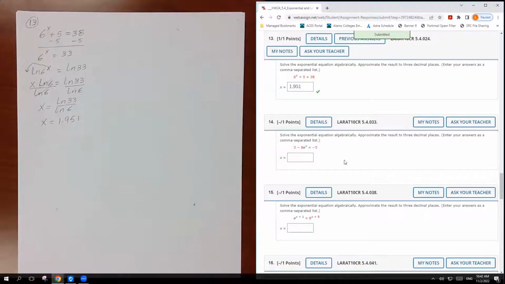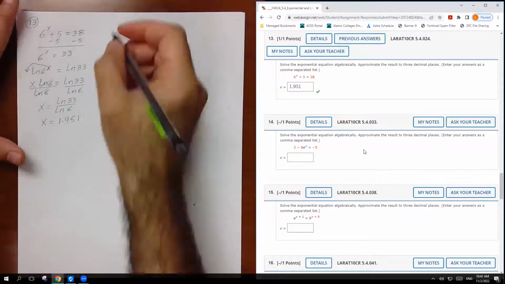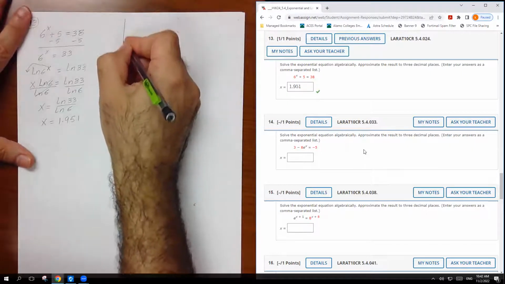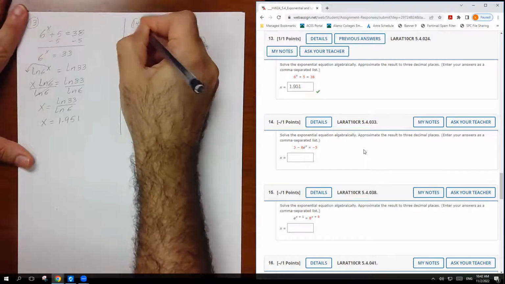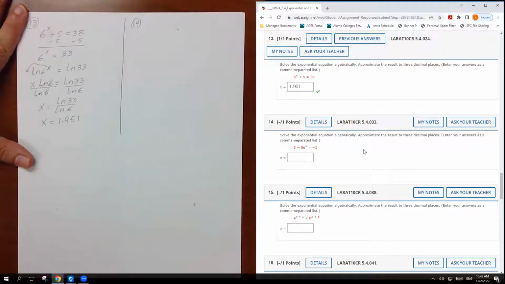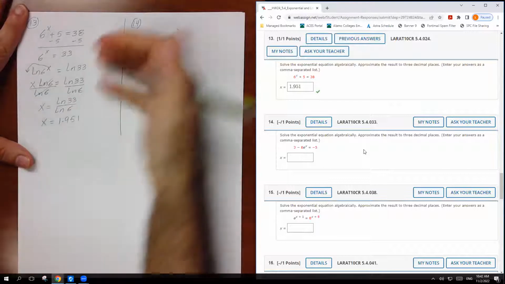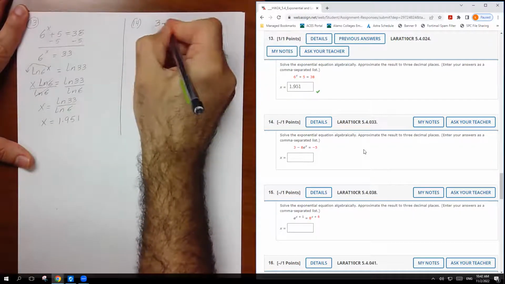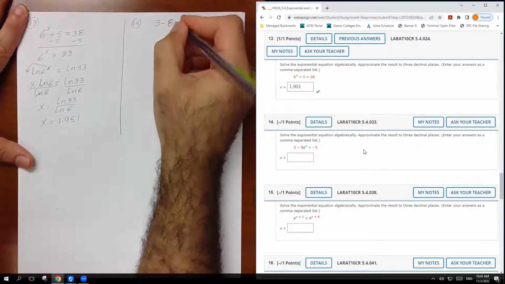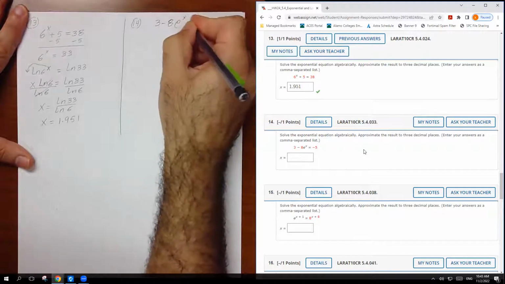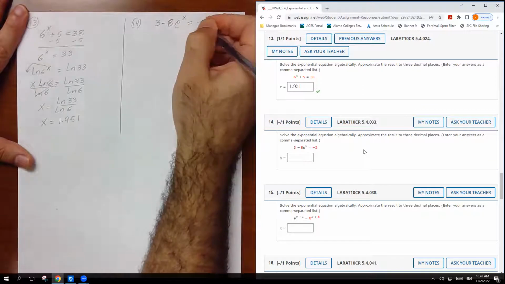Example 14, we're going to do exactly the same thing, but now we have just a different type. We have 3 minus 8 e to the x equal -5.